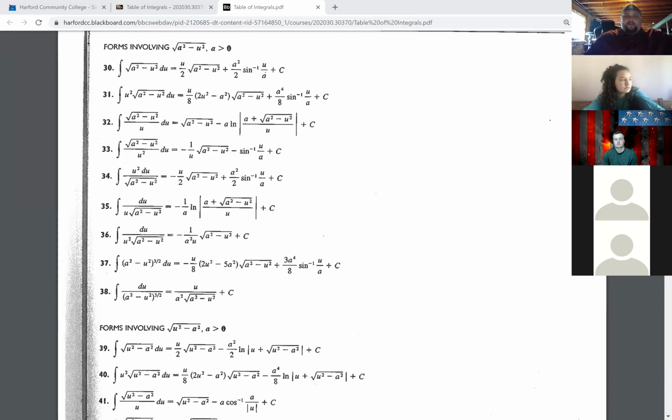But let's just look at an instance here. The first one says you've got the square root of 9 plus x squared. I believe that's close to the quiz problem that I gave you. I think maybe I gave you 9 minus x squared. So that we can find in the table of integrals.